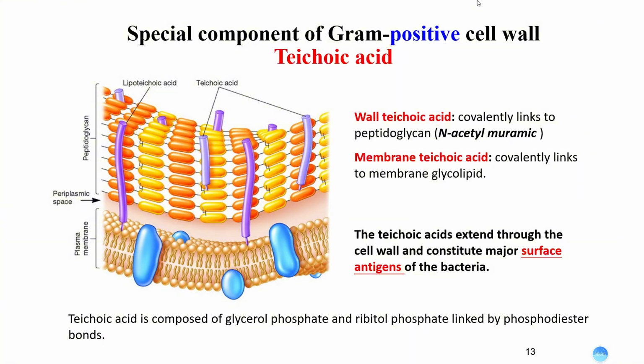And also the teichoic acid extends through the cell wall, and it's the major surface antigen of the cell.